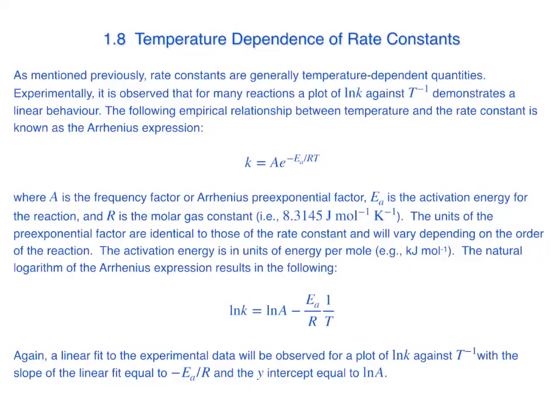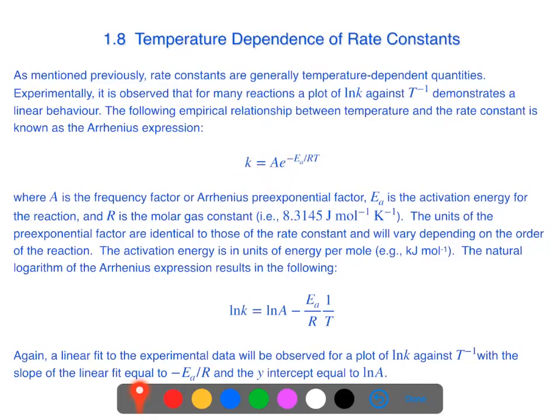The following empirical relationship between temperature and the rate constant is known as the Arrhenius expression. As you can see in this expression, we have the rate constant being equal to the frequency factor, A, or the Arrhenius pre-exponential factor, multiplied by this exponential term, e to the minus EA, which is our activation energy for the reaction, divided by RT, where R is the molar gas constant and T is temperature in Kelvin.